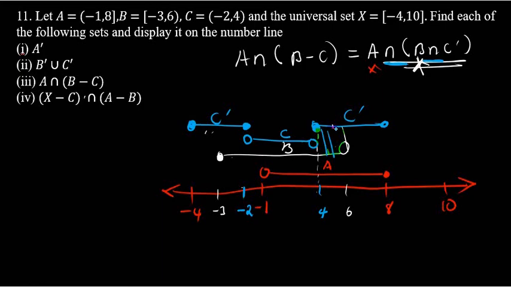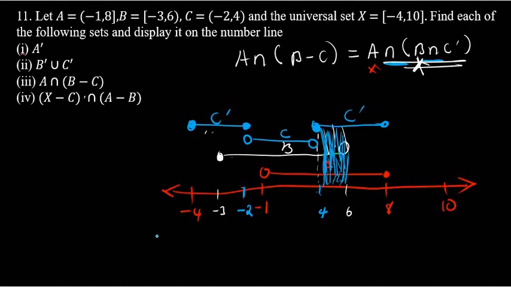This is the point where C complement, B, and A are meeting. This is the only point where both of them are meeting.